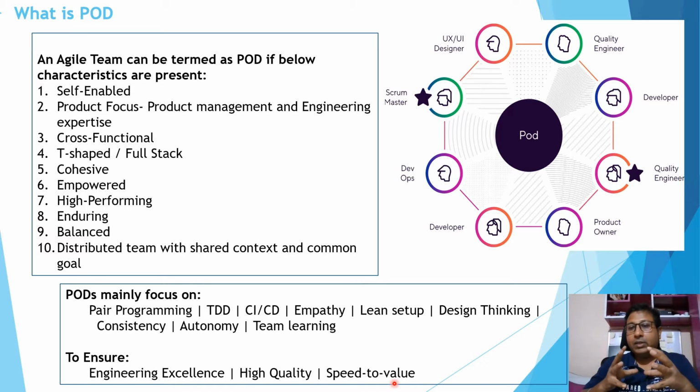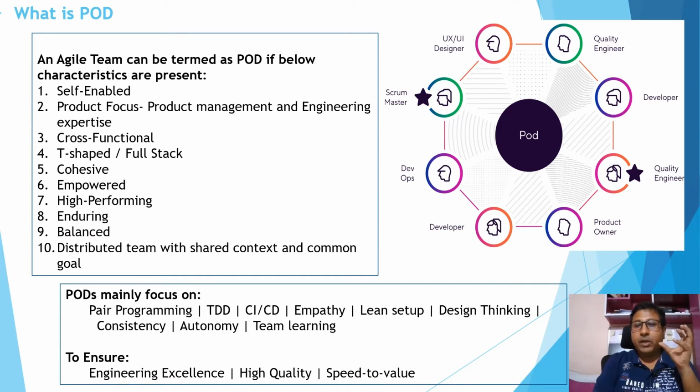It should not happen that on the ground we are building one agile team that has some of the characteristics but not all of them, and we are expecting pod-based delivery from that team. That is not going to happen.